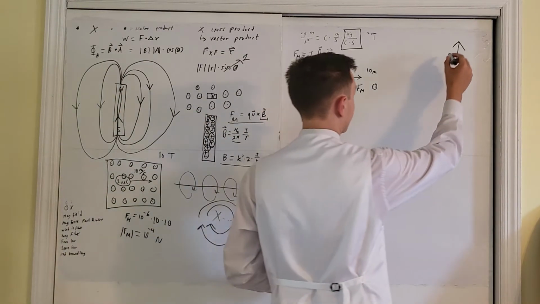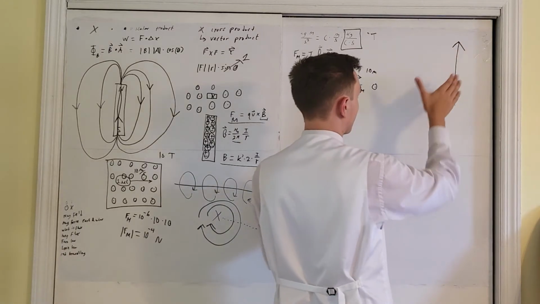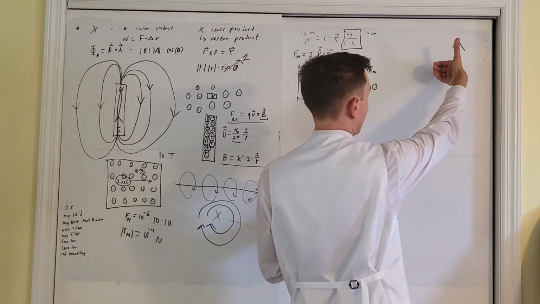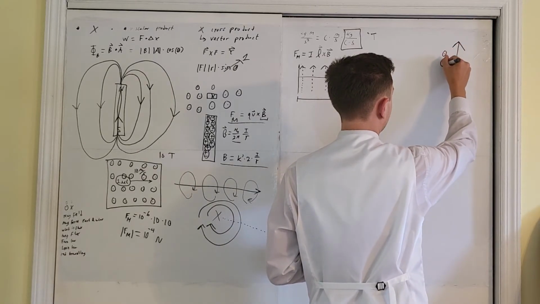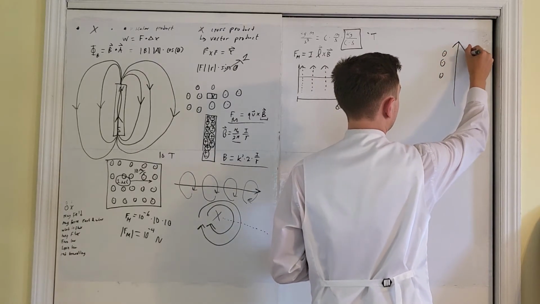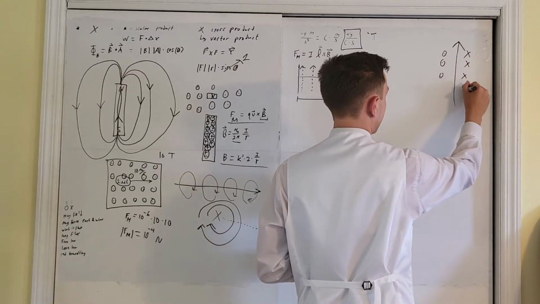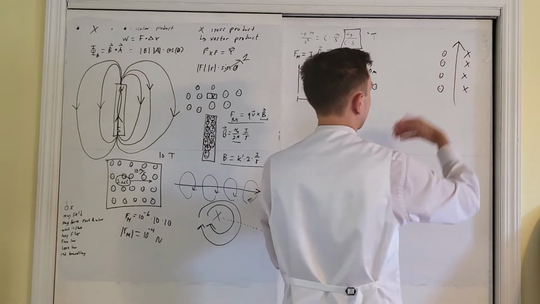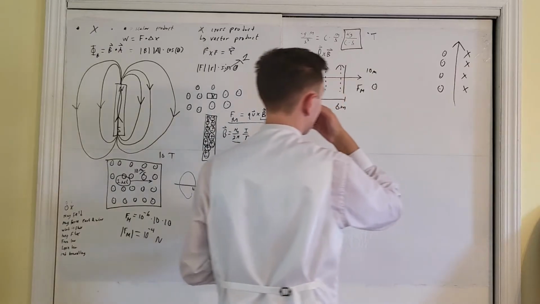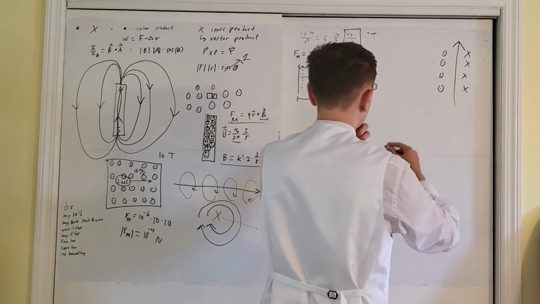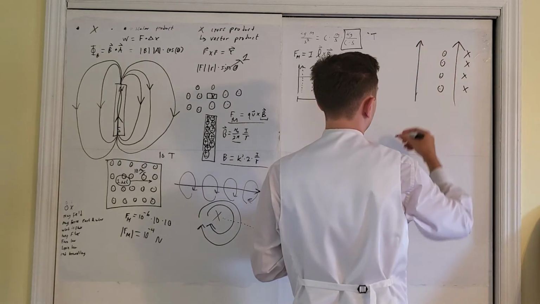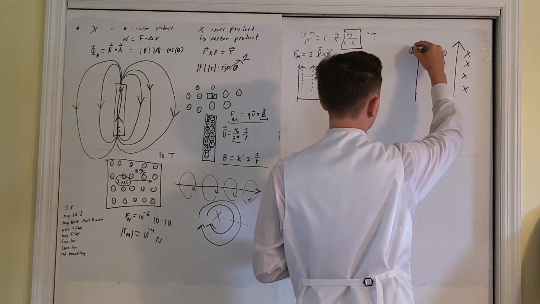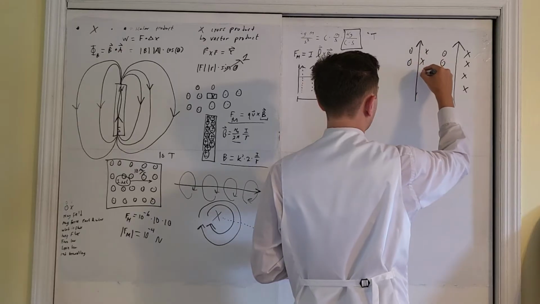And the magnetic field, according to the right-hand rule, is going to curve around like this. So it's going to come out of the page on the left side, and it's going to go into the page on the right side, as such. Okay? Right-hand rule. If I have another wire going like this, which has current flowing through it, its magnetic field will be doing the same.